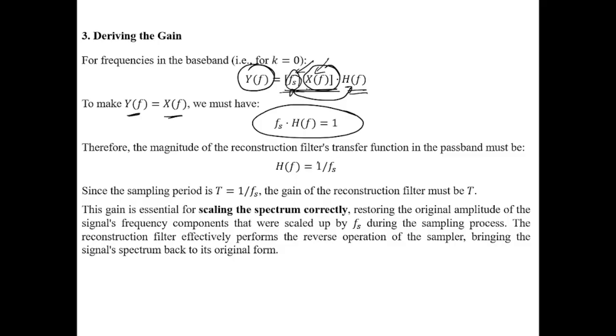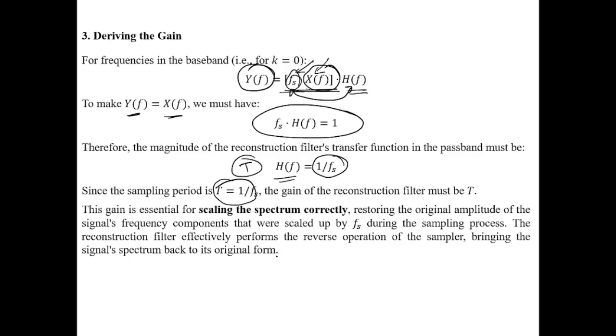Now when it becomes 1, your transfer function of the system H becomes 1 by f_s. Now what is 1 by f_s? We already discussed 1 by f_s is nothing but your capital T. So the gain of the reconstruction filter should be capital T, and that is what we have seen.